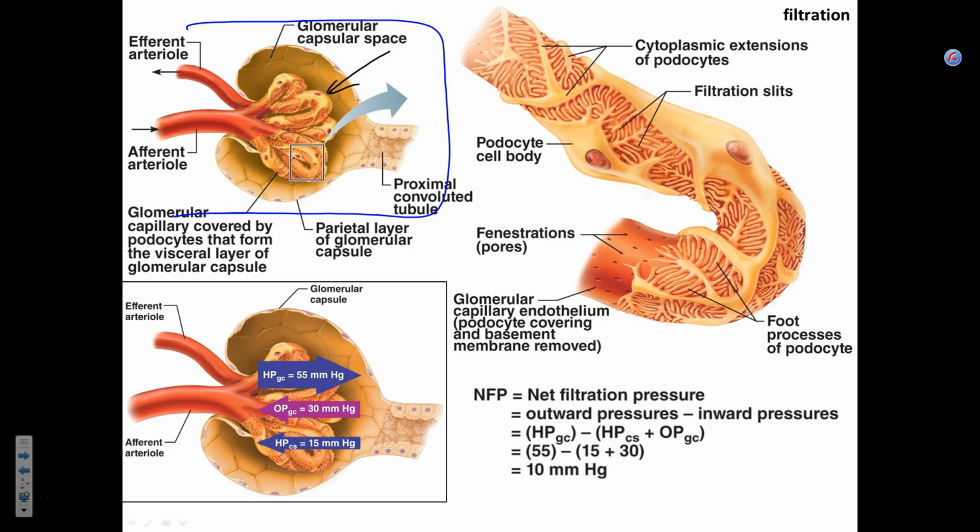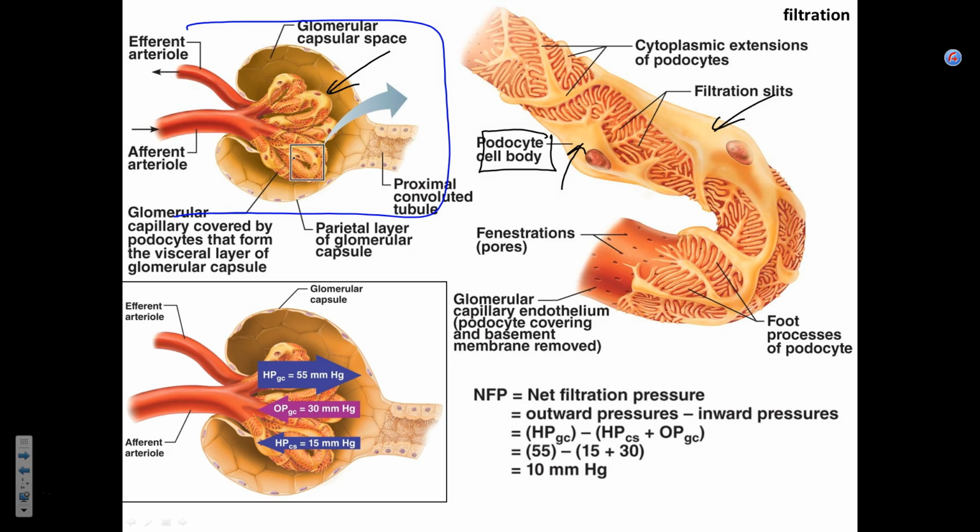And the capillaries are surrounded by cells. These cells are called podocytes. It's a compound word, as many other words in anatomy. Cyte means cell. Podo means foot. Foot, yes, like podiatrist, okay?